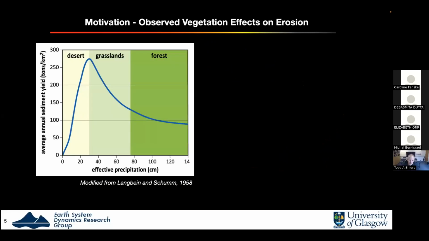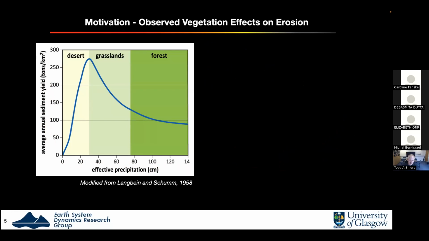So, I'm not the first person to be interested in this, and there's a long history on this kind of topic, going back almost 100 years to this really nice figure by Langbein and Schumm, where they've plotted effective precipitation against the average annual sediment yield of a number of large catchments on the vertical axis. So you can think of that as erosion rate.